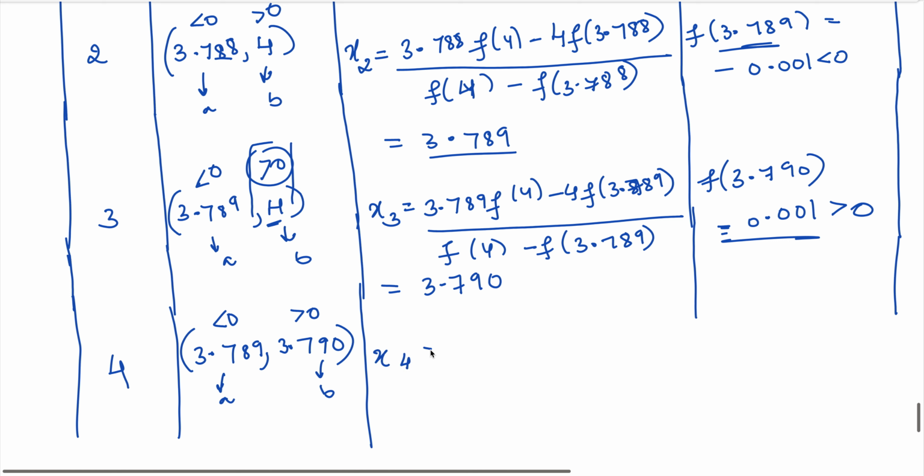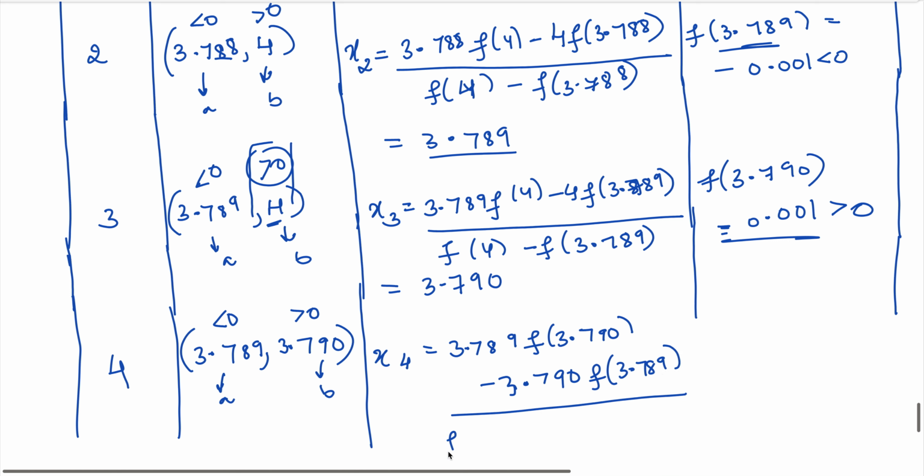Now x4 is equal to 3.789 into f of 3.790 minus 3.790 into f of 3.789, divided by f of 3.790 minus f of 3.789.